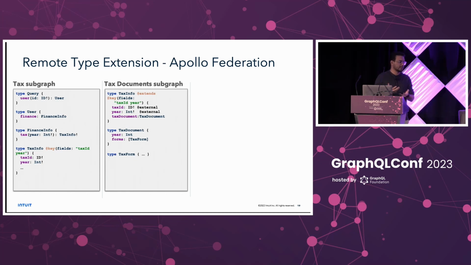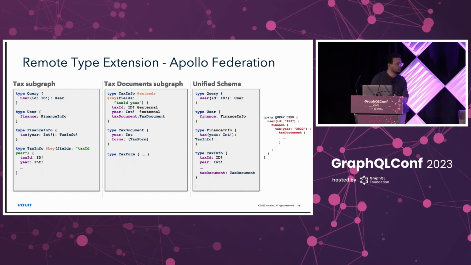We need to use the extend keyword and the external keyword so that it can understand that someone else is extending. The only difference here is that in this case, both the subgraphs need to decorate the schema with the directives. And I think the name of the key needs to be common. You can't have a different name for the keys or the arguments as in the previous slide. But the result is the same. We support the same thing with the Apollo Federation spec as well. The client can make a single query and get all the data together.